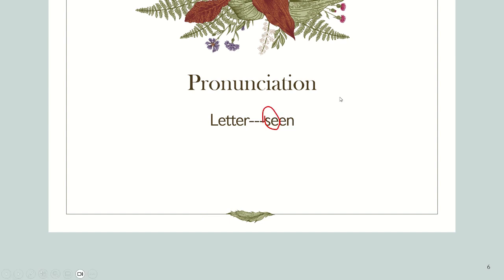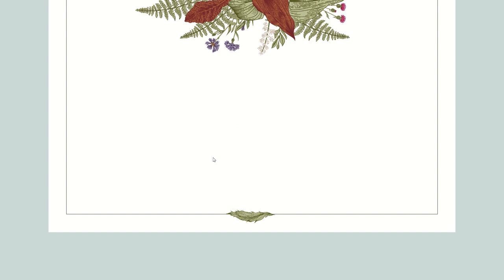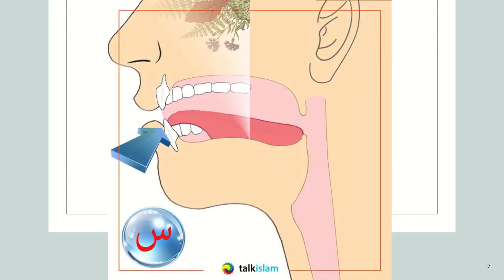About the pronunciation, it's called حرف السين, and as usual, the pronunciation is in the name of the letter. It's basically pronounced like the letter S, more or less, behind your teeth. Sin, sin. You put your tongue behind your teeth.